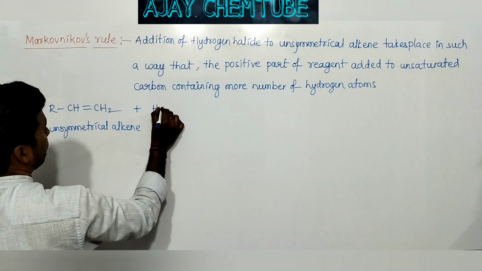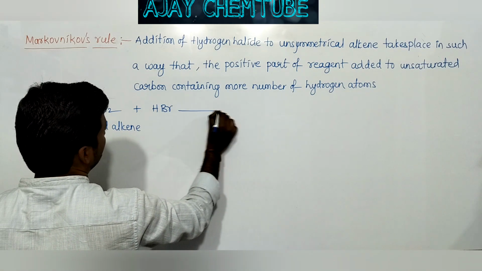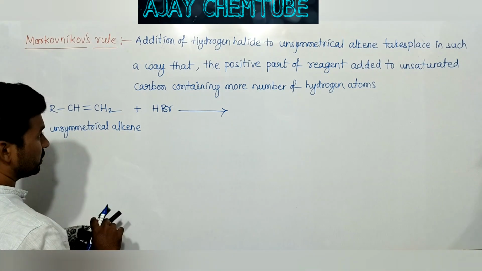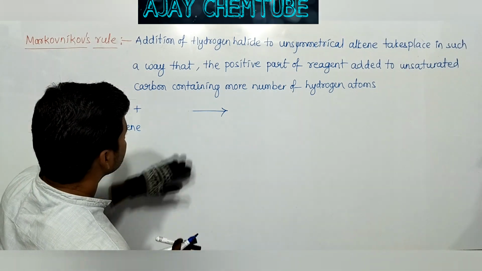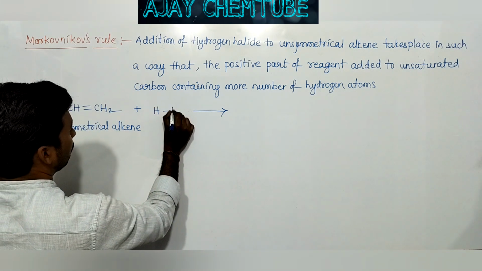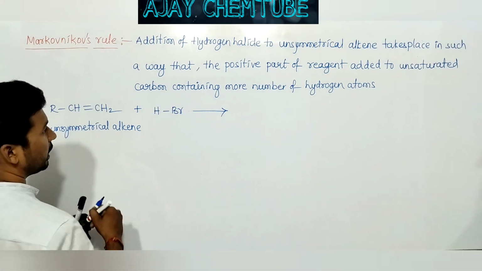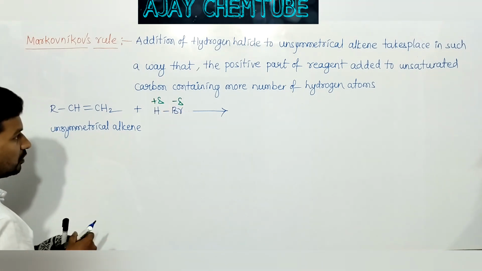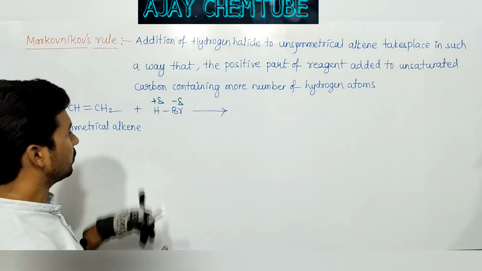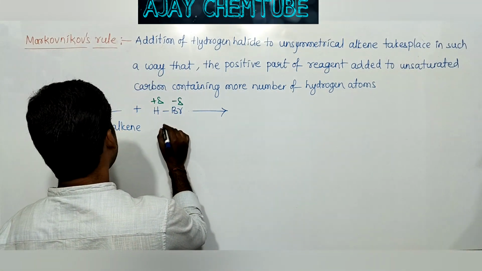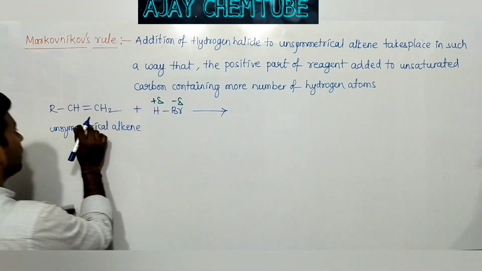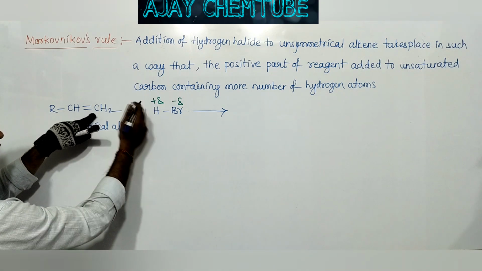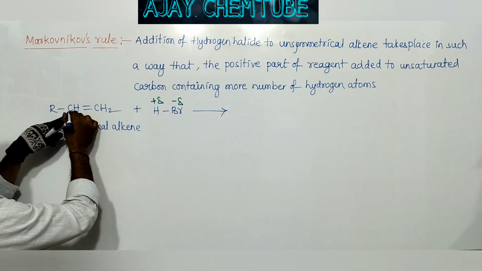So now, as an example, I am taking addition of hydrogen bromide. Here what is the positive part? This hydrogen is positive, because between hydrogen and bromine, bromine is more electronegative, that becomes negative, and hydrogen is positive. So the positive part means hydrogen only. The positive part of the reagent is attached to the double bonded carbon containing more number of hydrogen, that means this is added here and bromine is automatically added here.